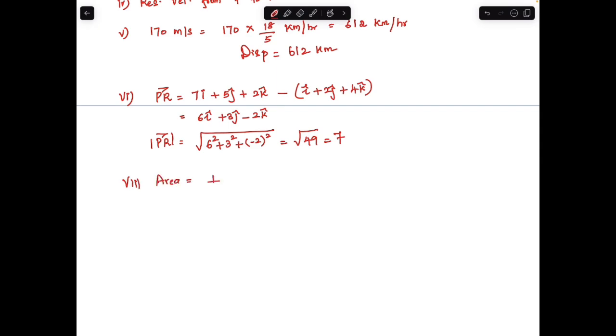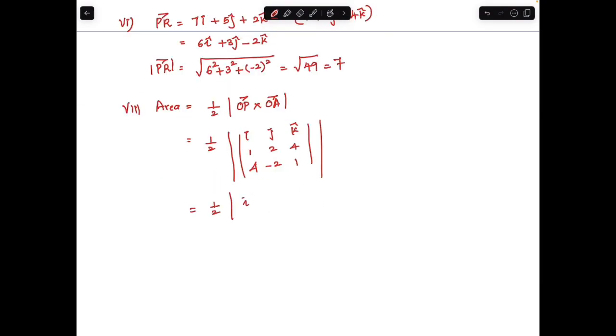Area is equal to half times magnitude of OP cross OA, which is equal to half times magnitude of, we'll find out the cross product, which is equal to half times i into 2 plus 8 minus j into 1 minus 16 plus k into minus 2 minus 8, which is half times magnitude of 10i plus 15j minus 10k.